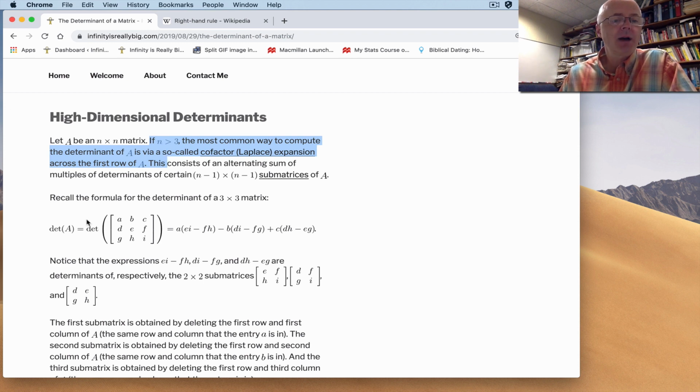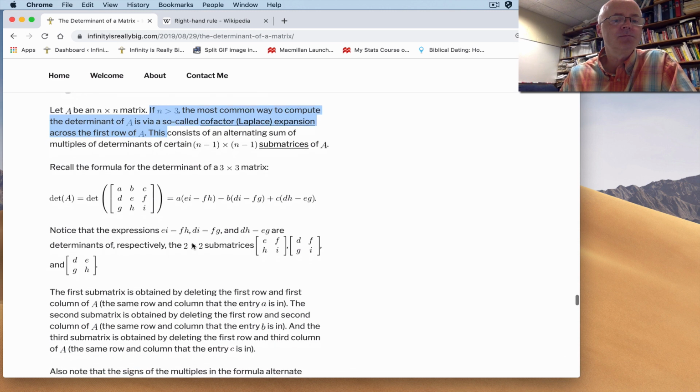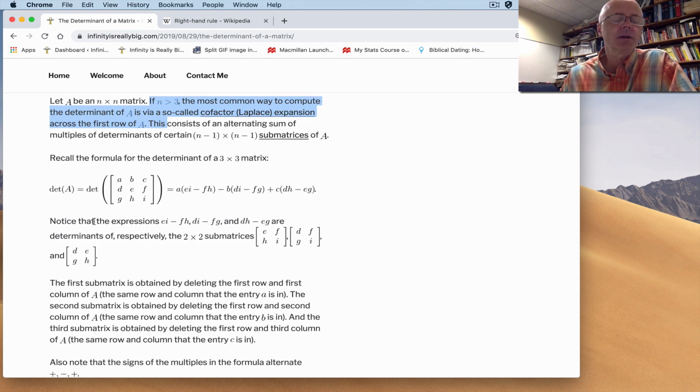In the case of a 3x3 matrix, we can note that in this formula here, EI minus FH, this thing right here, DI minus FG, this thing right here, and DH minus EG, this thing right here, are actually determinants of 2x2 submatrices of the original 3x3 matrix.